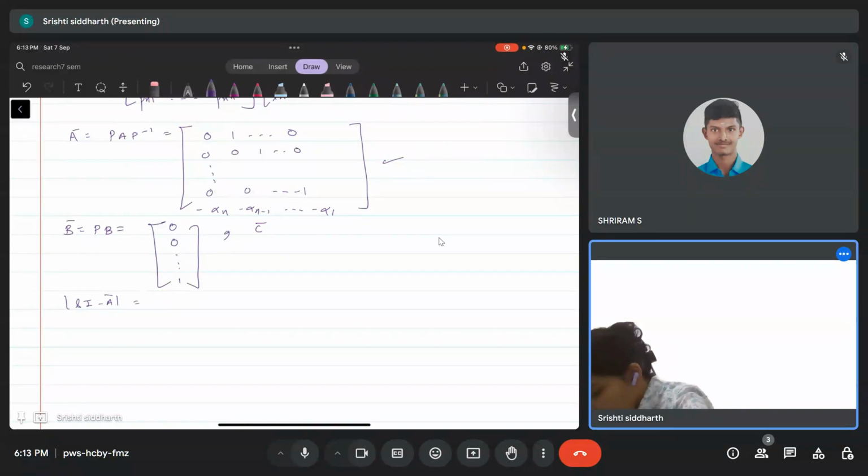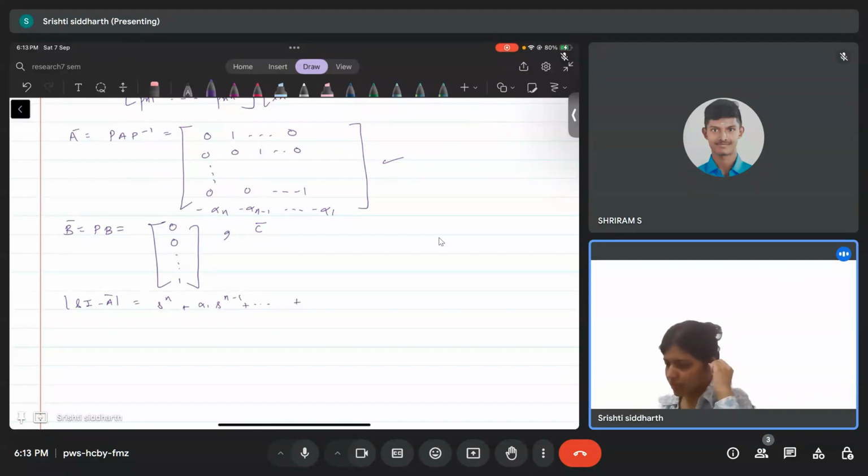Okay, so this is simply S^n plus alpha 1 times S^(n-1) up to alpha n minus 1 S plus alpha n. Okay, so we have this characteristic equation of the transformed system.